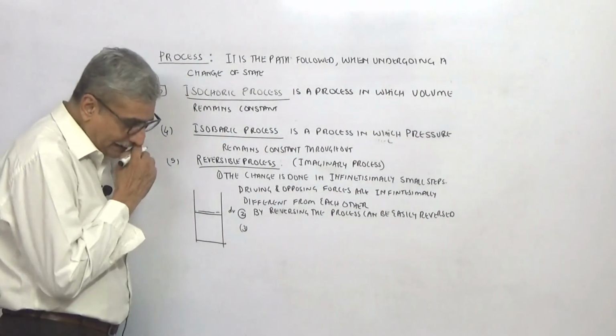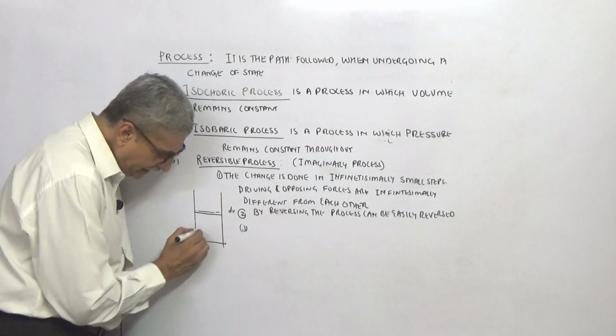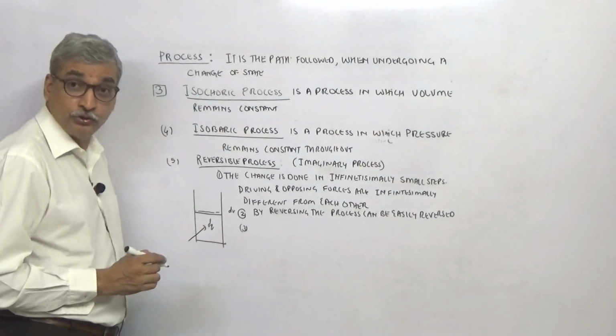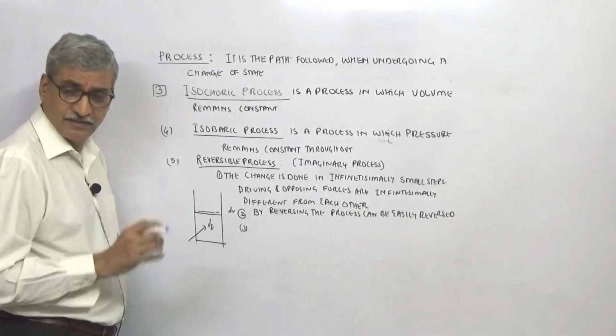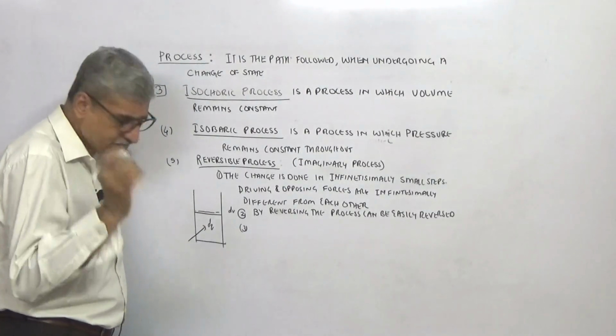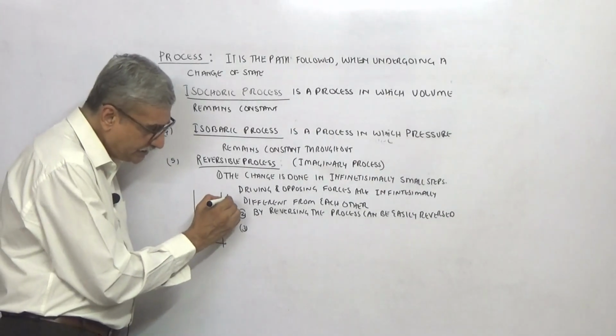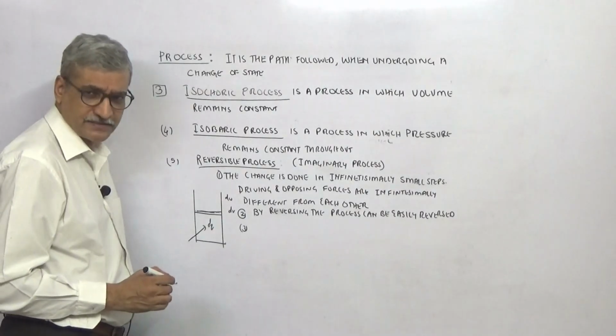So what happened? You supplied a heat dq, not Q. Q is a very large amount. dq is an infinitesimally small amount of heat. So the work done was dW, the work of expansion.